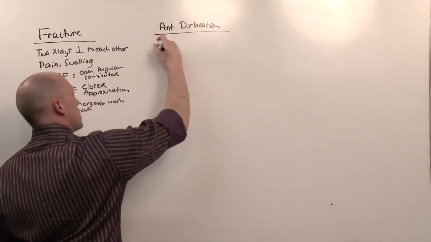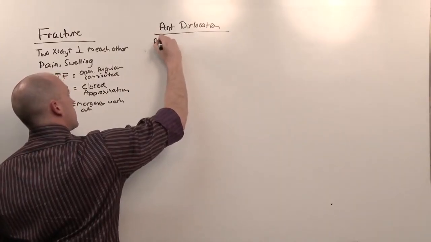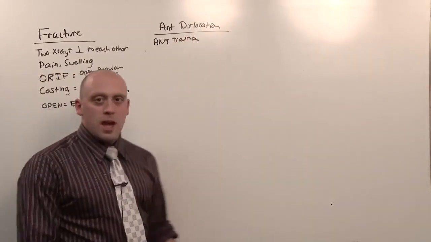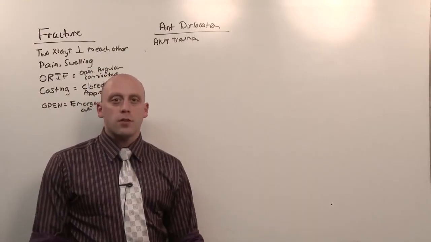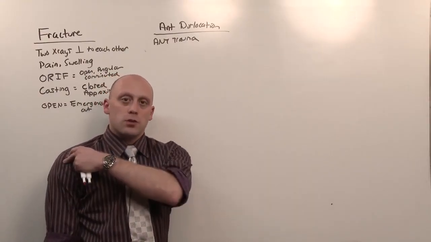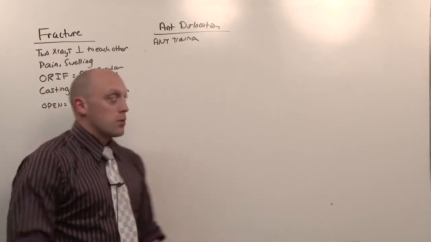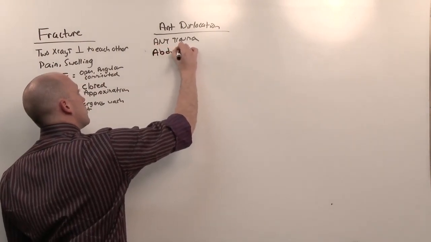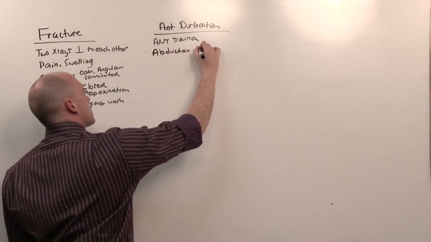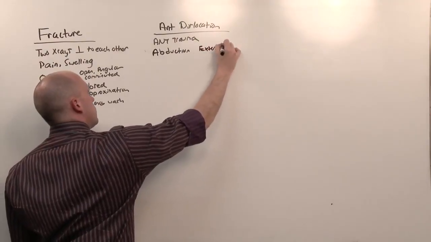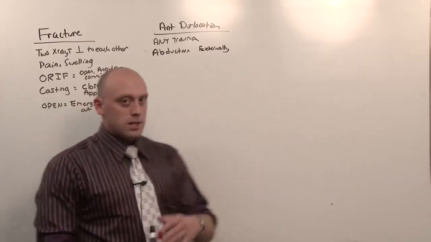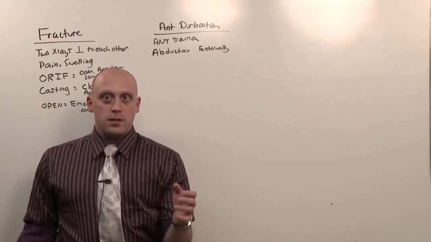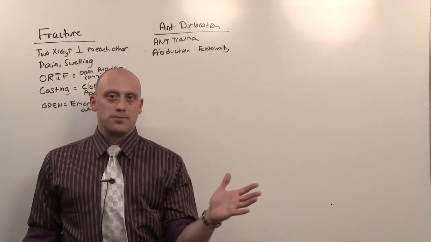So an anterior dislocation of the shoulder can occur in essentially any trauma. Tackle, wrestling, car accident, whatever. And as the shoulder dislocates forward, what will happen is that the shoulder will be in an abducted position and the arm will be externally rotated. That is like as though they're shaking hands. Abducted, external rotation.